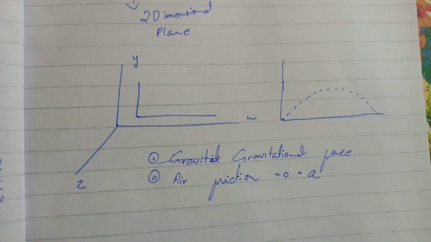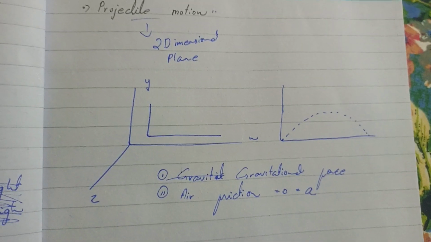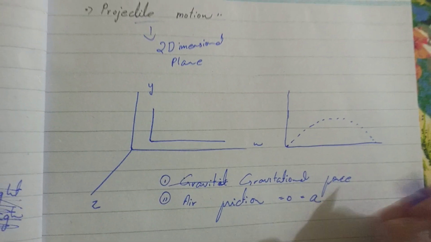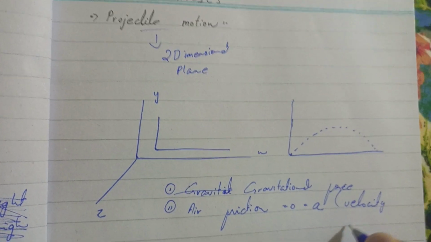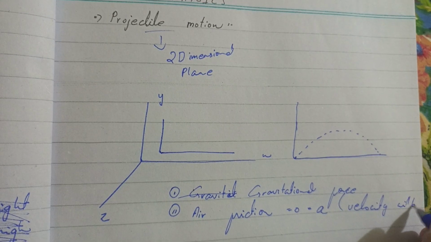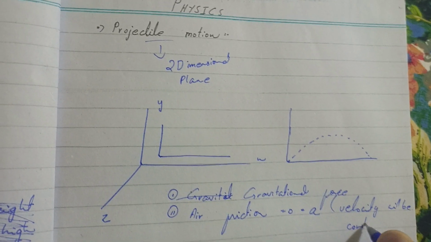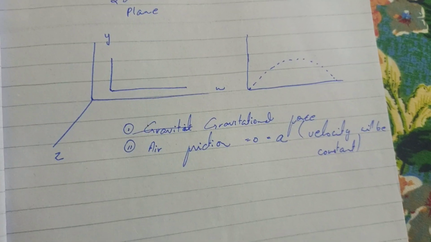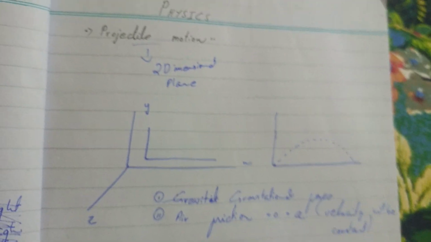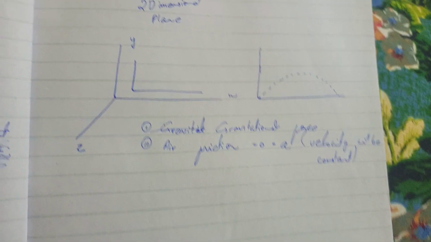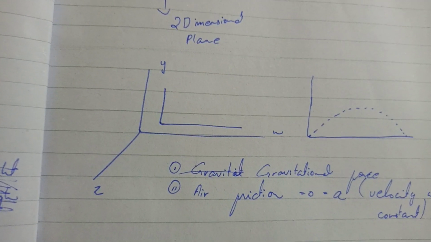Remember one thing: when you don't have any acceleration, the velocity will be constant. This is a general term you need to understand. You have to memorize that when you don't have any acceleration, the velocity will be constant.